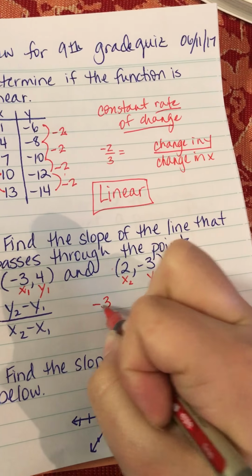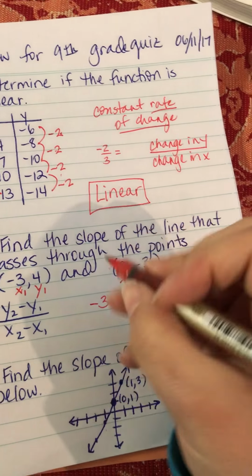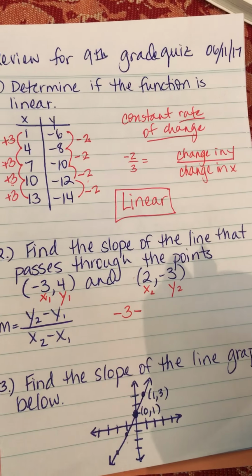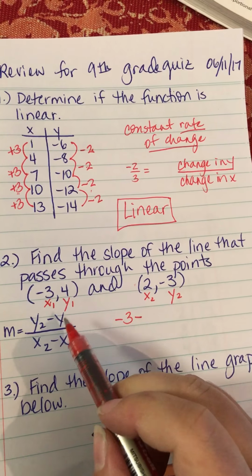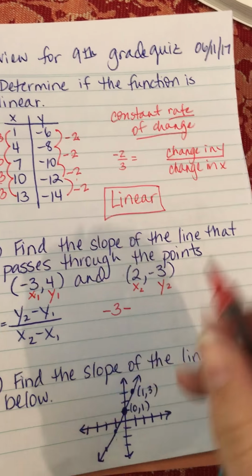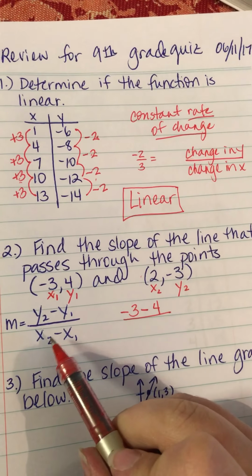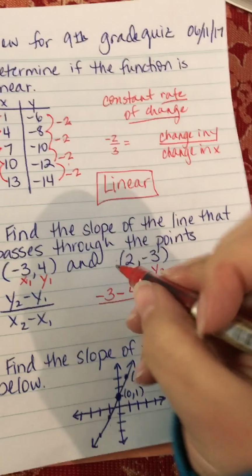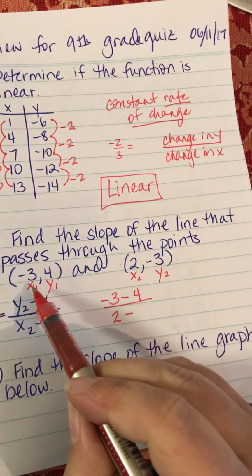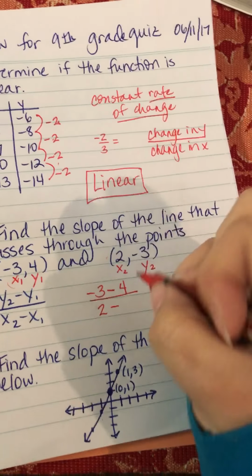So I'm going to write -3. And then there's a minus sign, so I'm going to write minus. And then it says y1 is equal to 4. So I have 4. Divided by x2, which in this case is 2, minus x1, which in this case is -3.